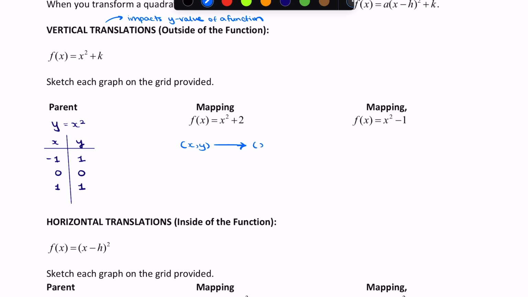The x values will stay the same from the original parent function, but the y values are impacted and moved up by 2. So again, (x, y) would be our parent function, and (x, y + 2) is from our transform function.